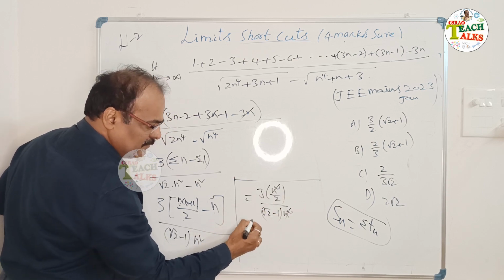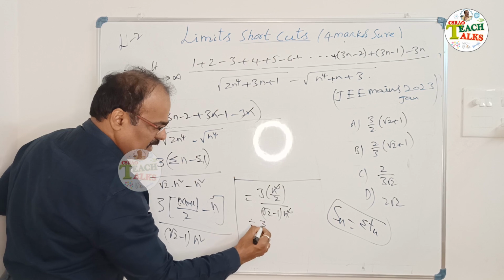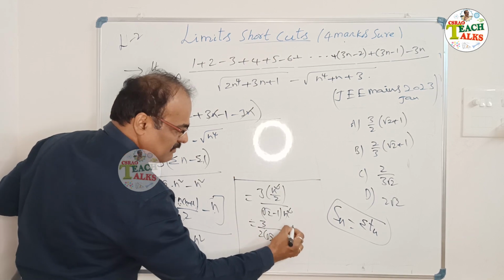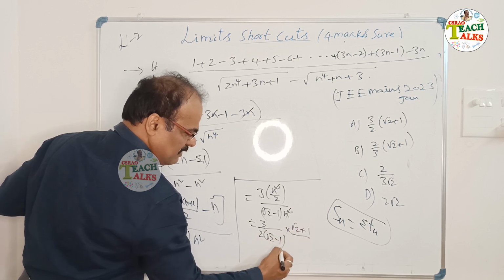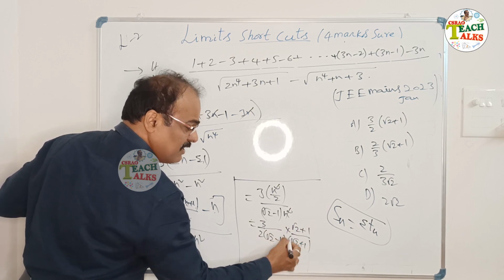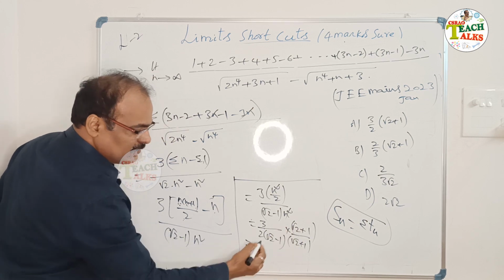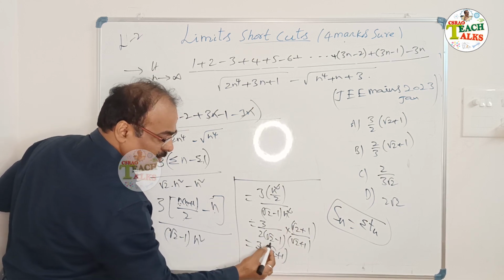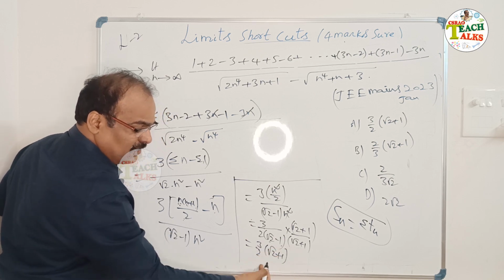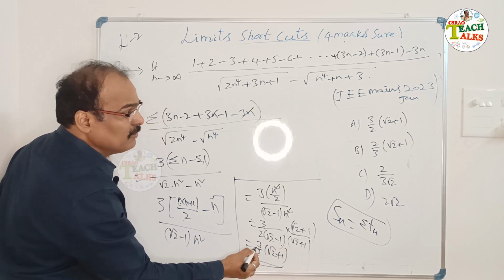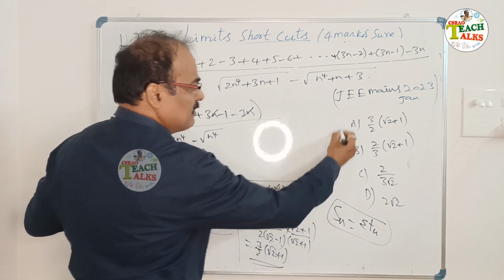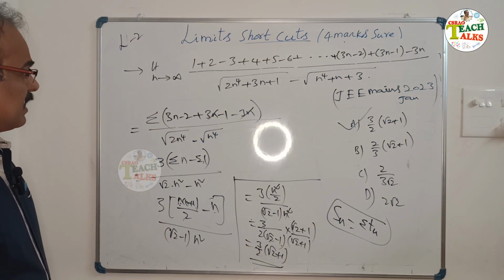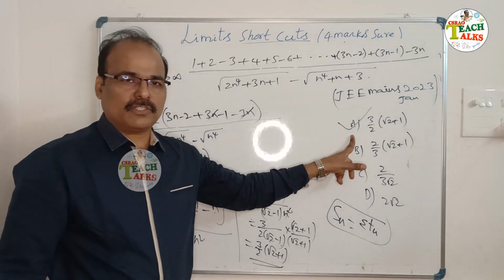This is 3 by 2 into root 2 minus 1. Rationalize: multiply with root 2 plus 1. What you will get is 3 by 2 into root 2 plus 1 by root 2 minus 1 into root 2 plus 1, and root 2 minus 1 times root 2 plus 1 is 1 only. This is 3 by 2 into root 2 plus 1. Option A is the correct answer.